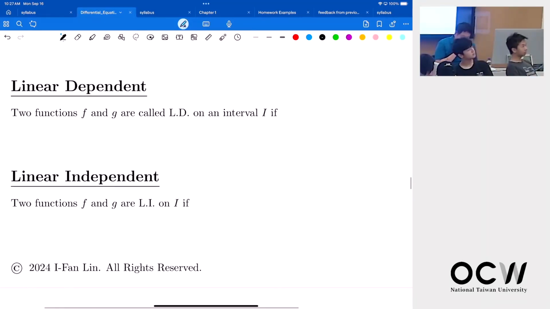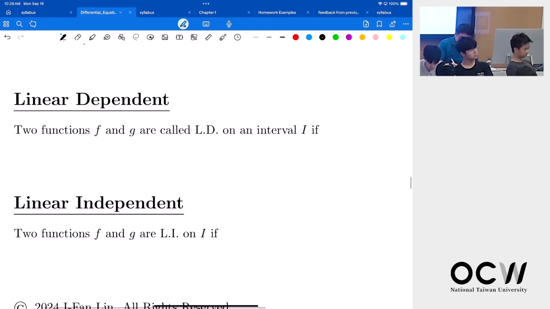So next, before we try to find a solution, we need to learn what is linear dependent and also linear independent, because we will use this concept to make sure that in the future, my solutions are unique. So what does that mean, linear dependent? I have two functions, f and g.